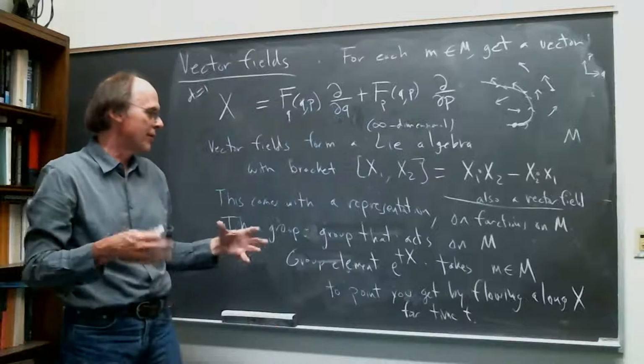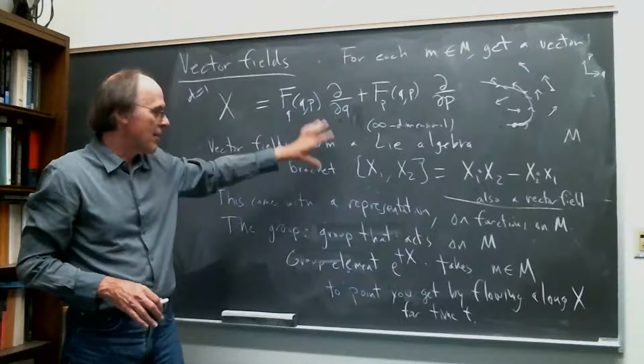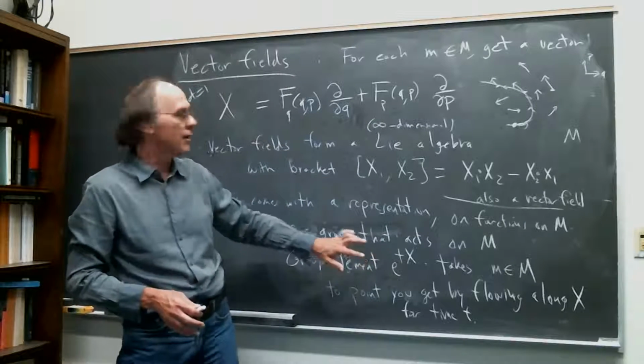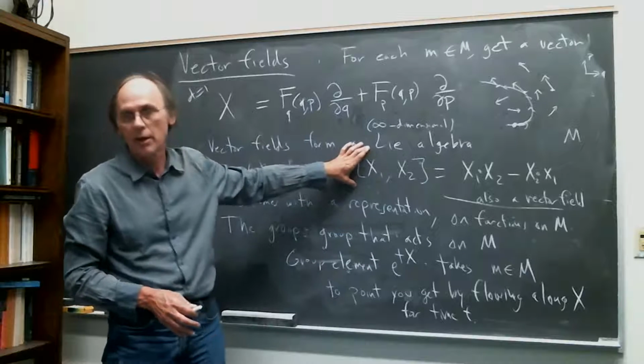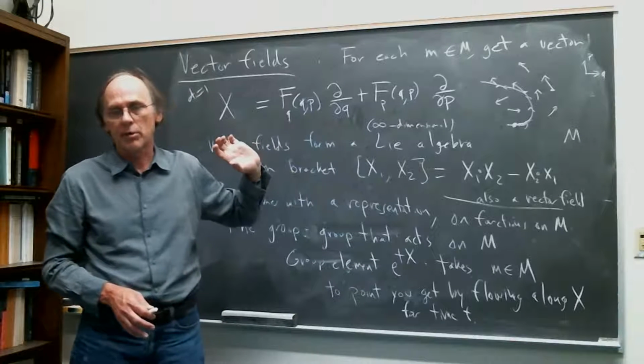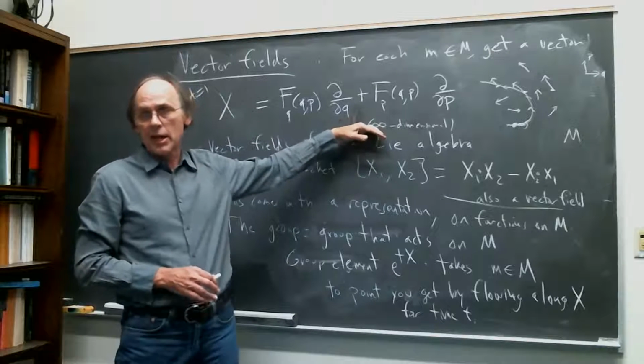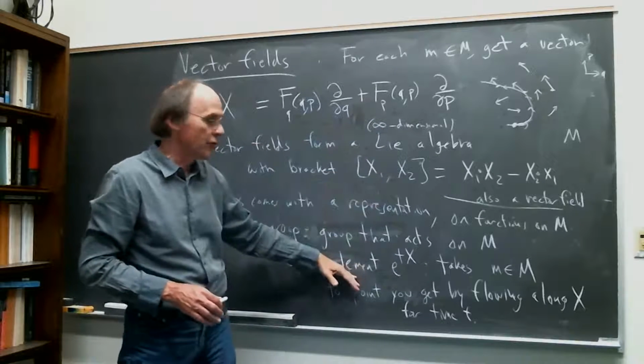I mean, the new piece I want to say about this is just that there's an underlying group here, and there's an underlying Lie algebra here. Whenever you're dealing with a vector field, the problem is that they're infinite dimensional. It's an infinite dimensional Lie algebra. It's an infinite dimensional group.